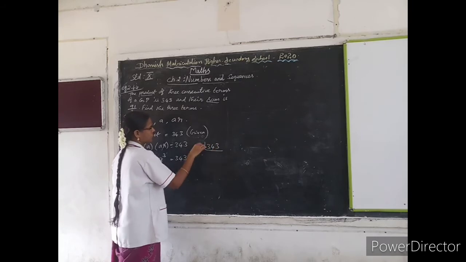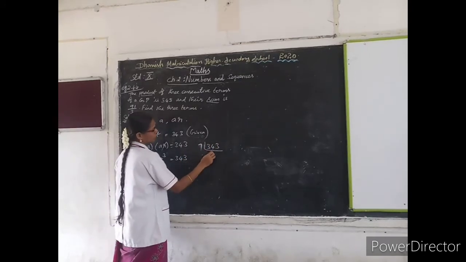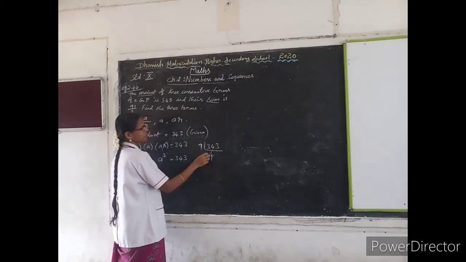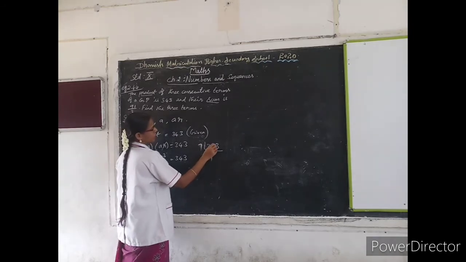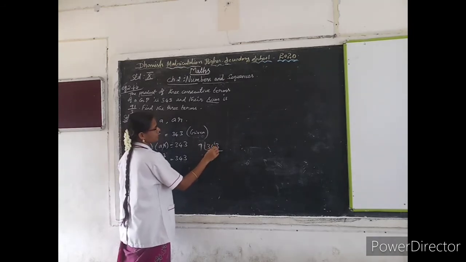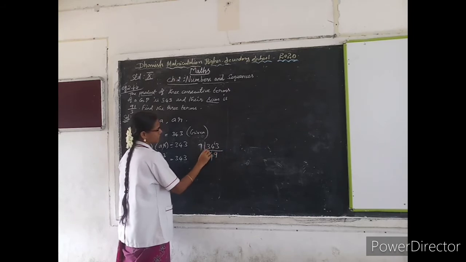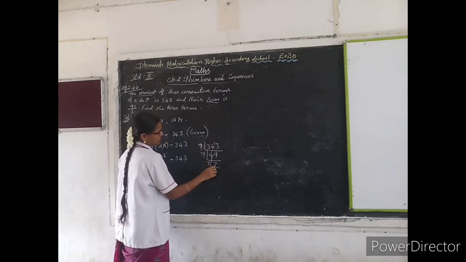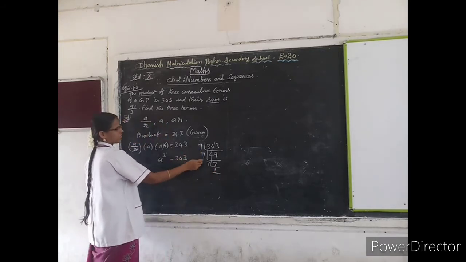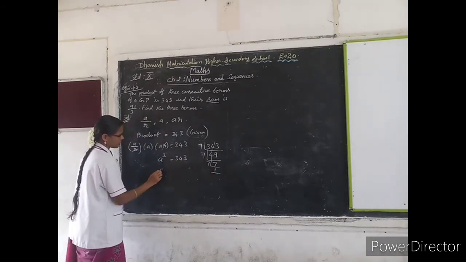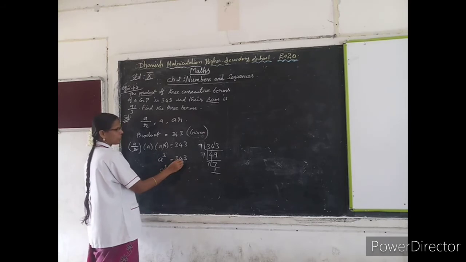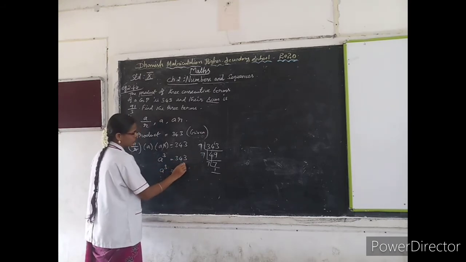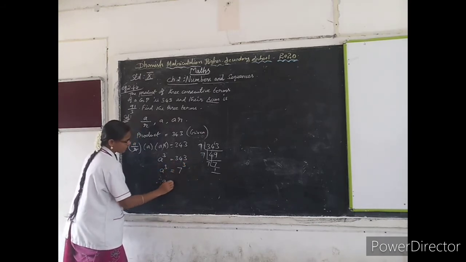By the 7 table, 7 sevens are 49, and 7 into 49 is 343. So 7 into 7 into 7, that is a cube is equal to 343, can be written as 7 cube. Therefore a is 7.